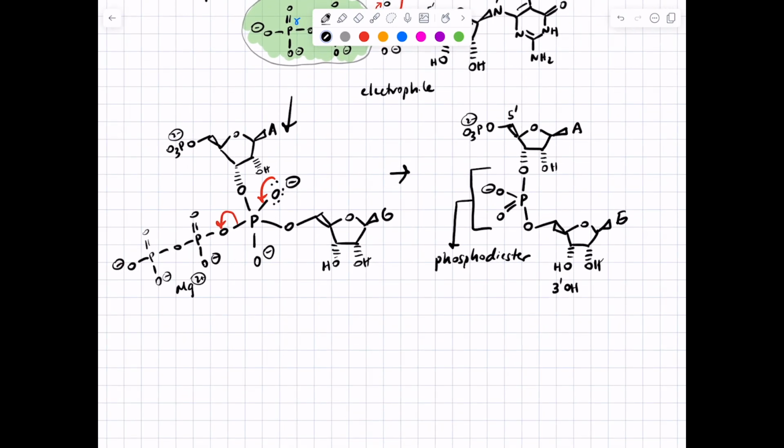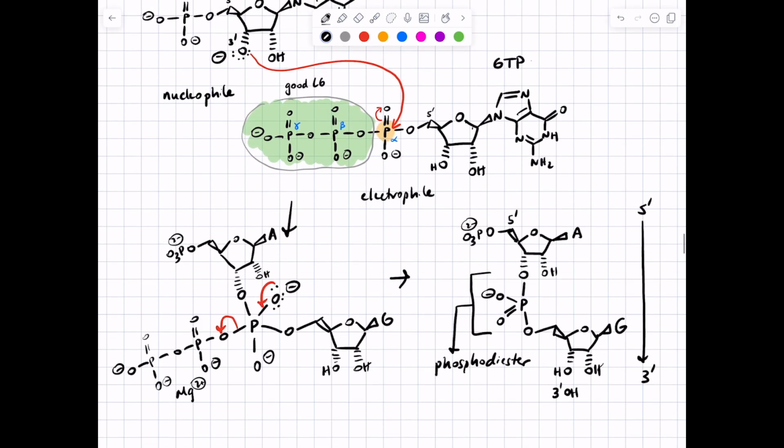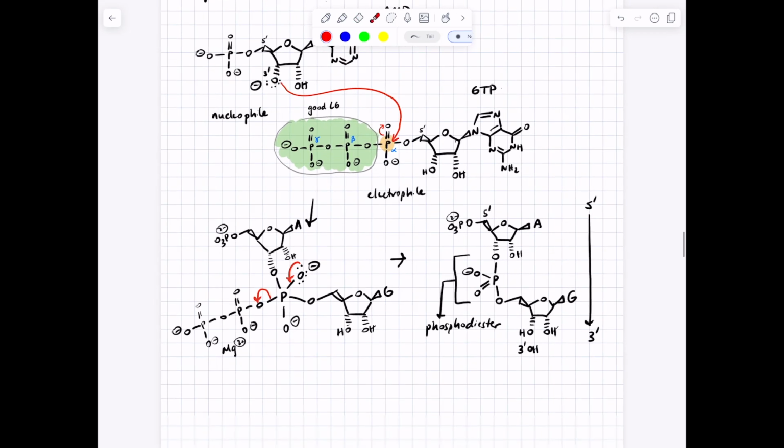So DNA and RNA have directionality. It's got a 5' end and a 3' end. DNA synthesis, based on what I've shown you, always takes place in the 5' to 3' direction, because it's the 3' hydroxyl that's acting as a nucleophile.